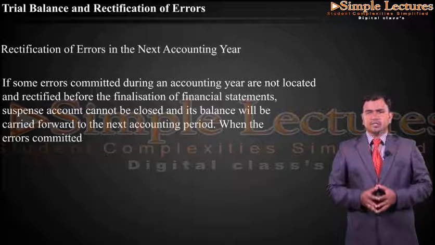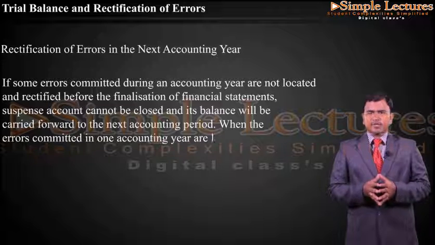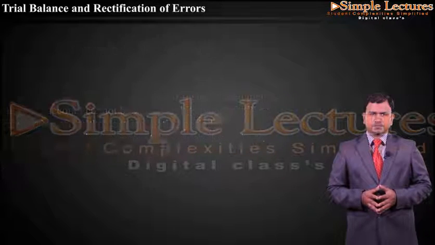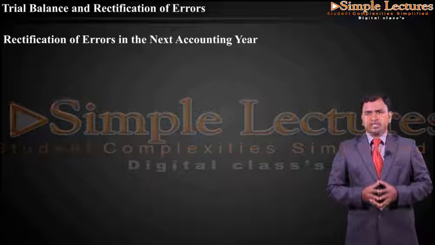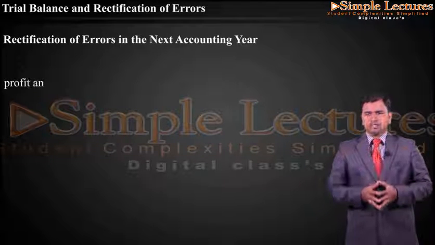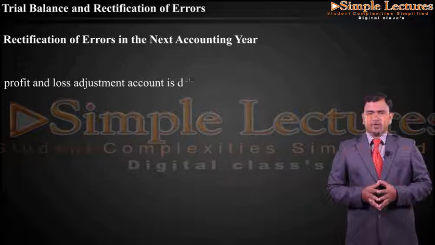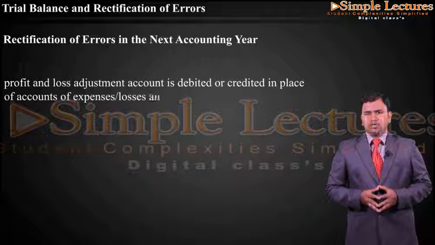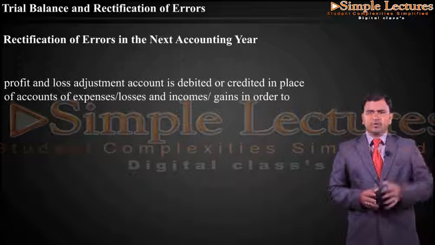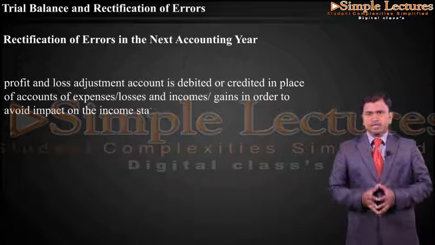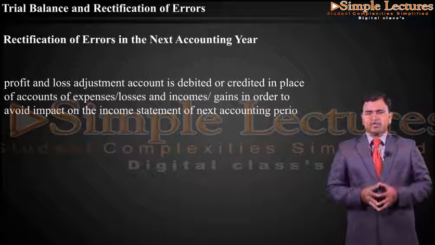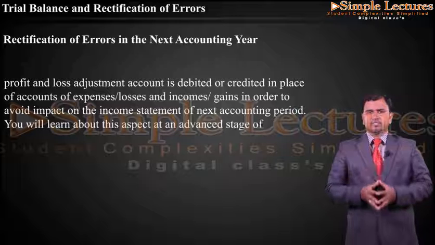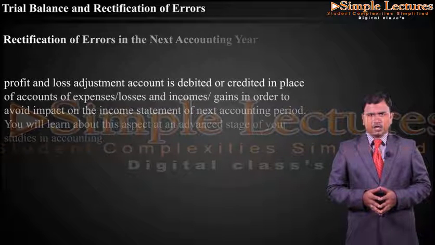When the errors committed in one accounting year are located and rectified in the next accounting year, the previous year's profit and loss adjustment account is debited or credited in place of accounts of expenses or losses and incomes and gains, in order to avoid the impact on the income statement of the next accounting period. You will learn about this aspect at an advanced stage of your studies in accounting.